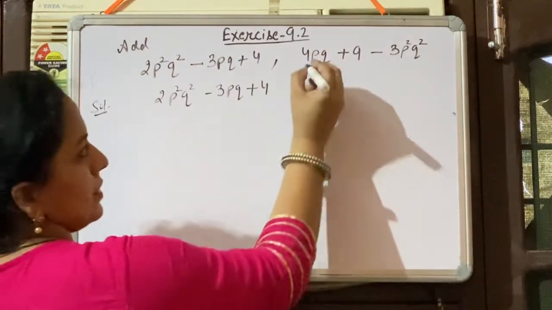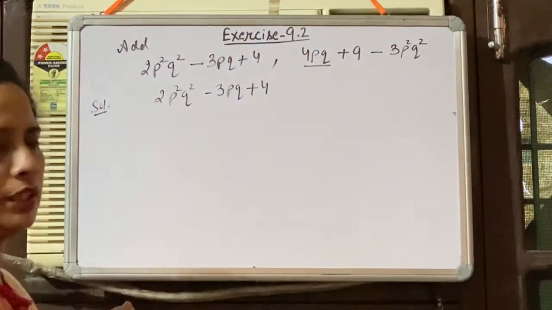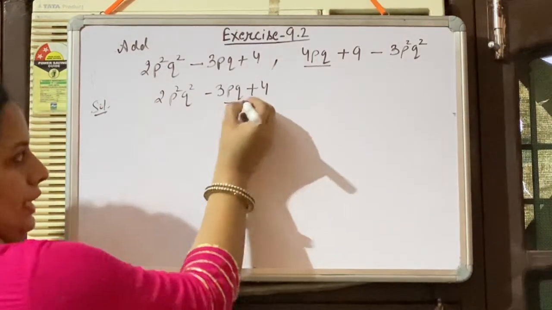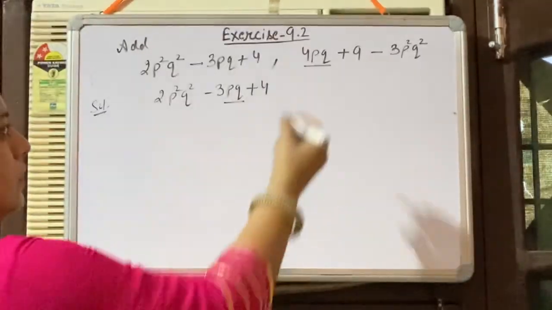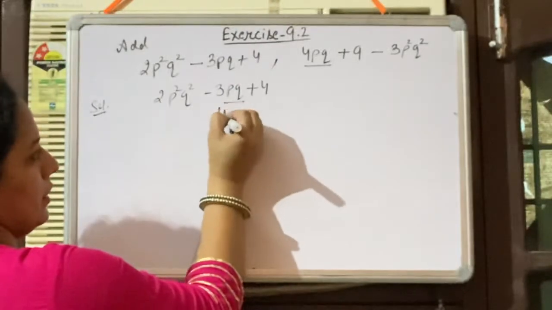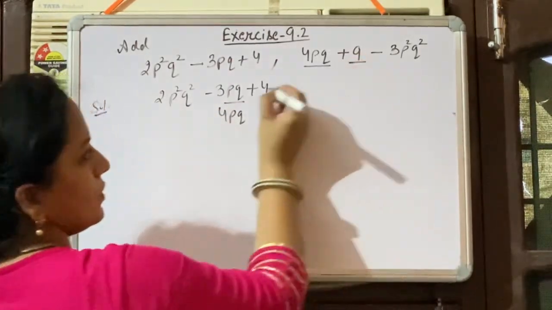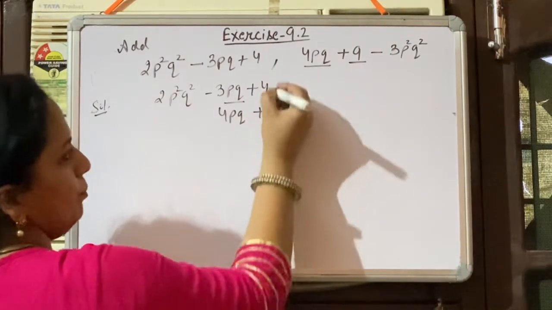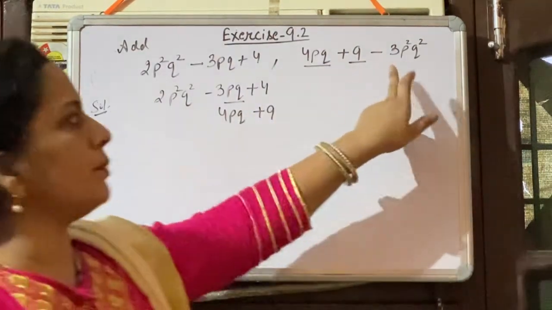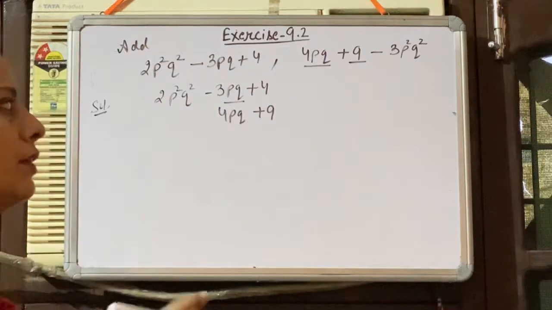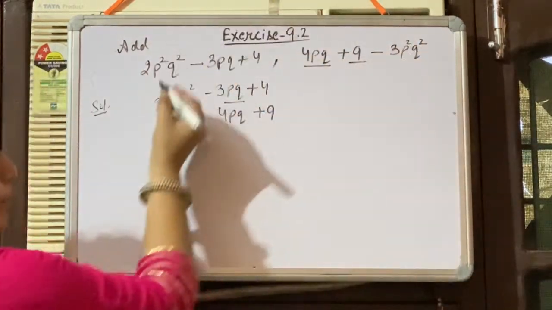This is of the pq terms, here we have the like terms. Then 9 is the constant term, so write the constant term below 4. This is the term of p square q square, so write this term below that term.